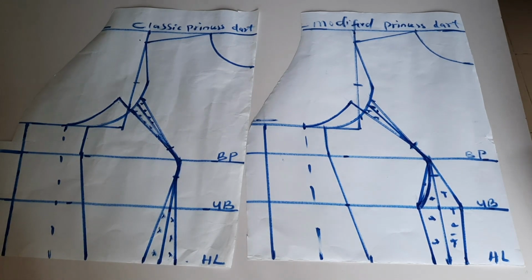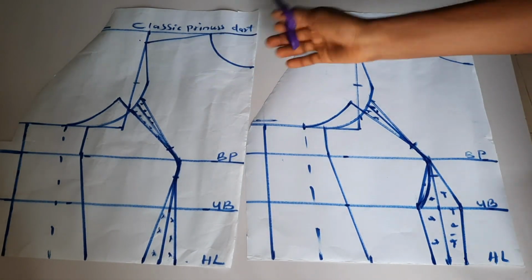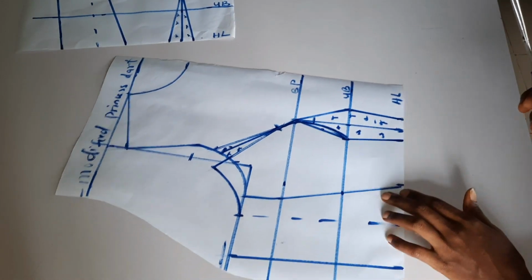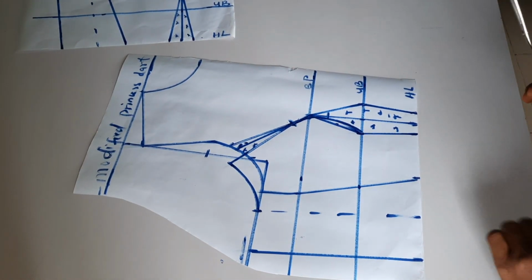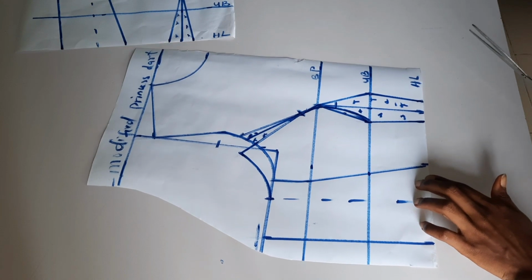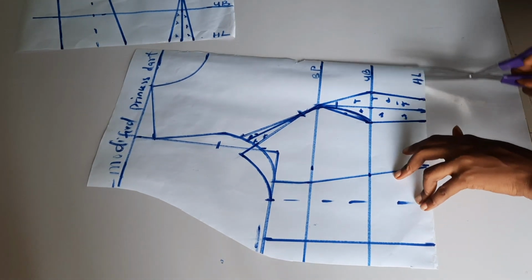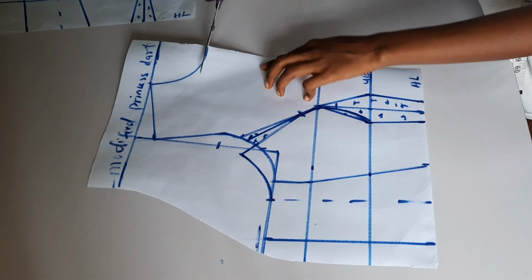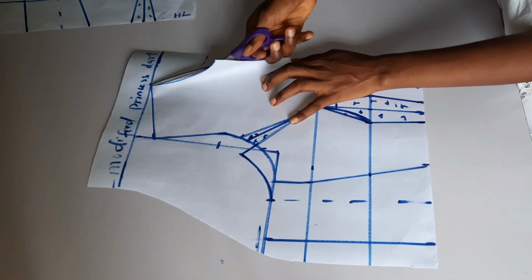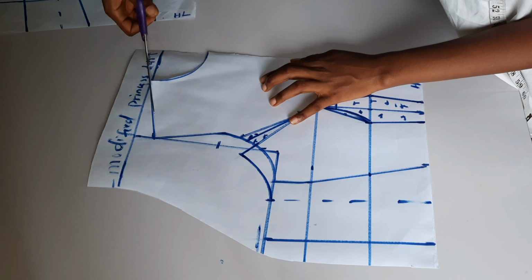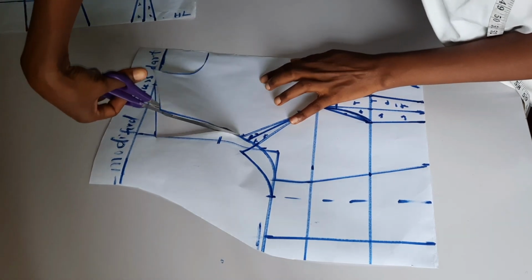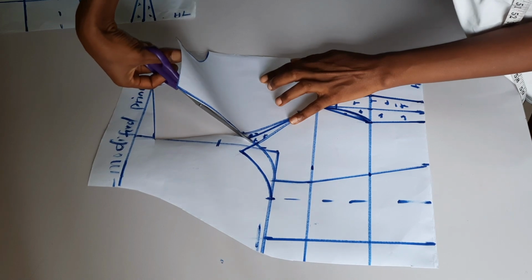So we will go ahead now and cut it so that you guys will see how it is being cut. So let's bring this now. Just watch me closely and see how this is done. Let's start from the shoulder area. So we cut this out, and then this, and then this, and you stop here.